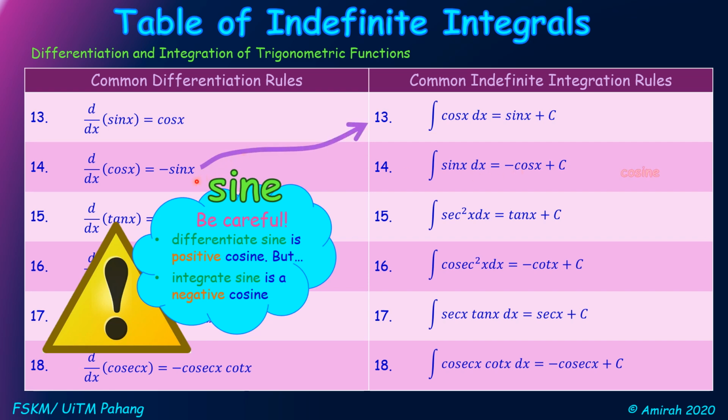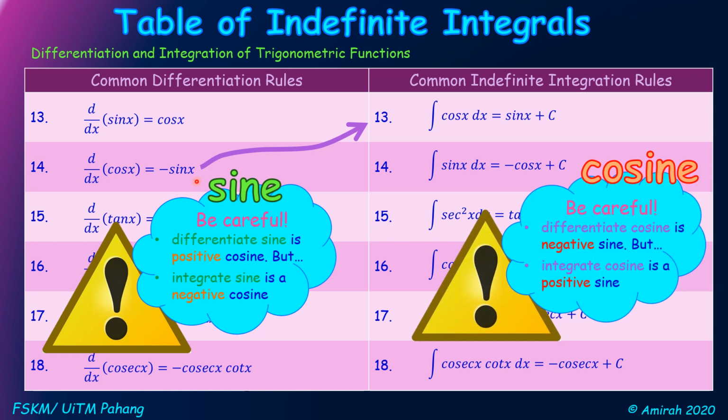And when we differentiate cosine, we will have negative sin x. But when we integrate cos, we have positive sine. So you must be careful. Differentiate sine, we have positive cos, but integrate sine, we have negative cos.